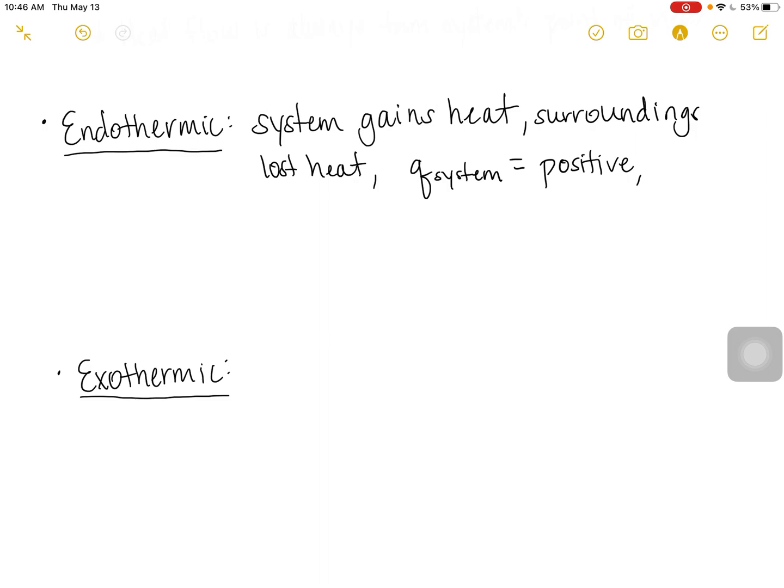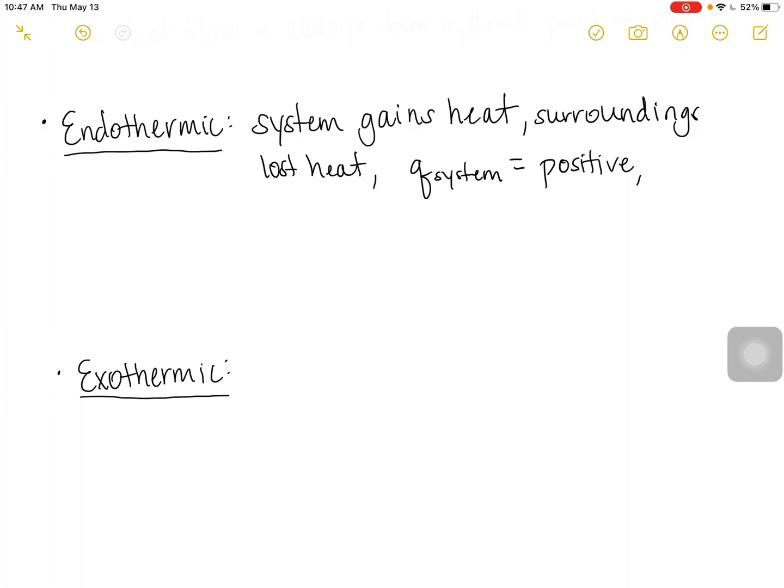And then this is something that we talk about all the time. If you were holding a beaker in which an endothermic reaction took place, remember that you're part of the surroundings. So in endothermic, the reaction is gaining heat, and it's gaining heat from the surroundings, which you're part of. So you're losing the heat.